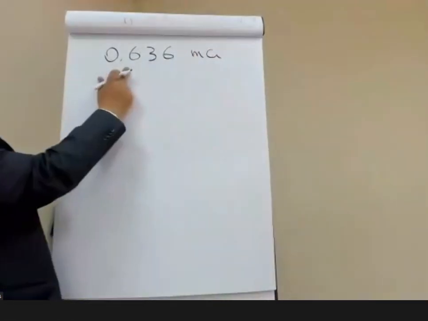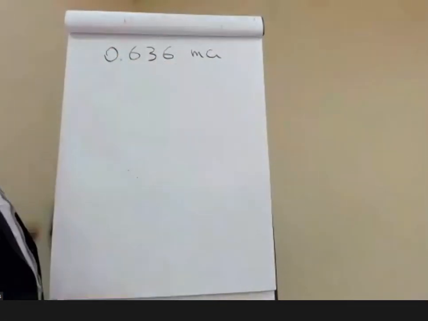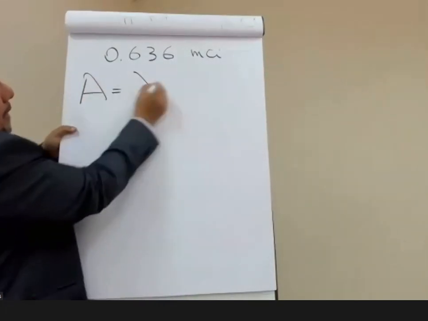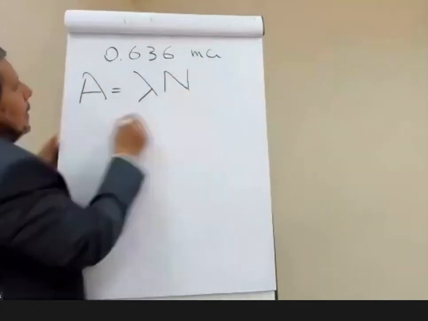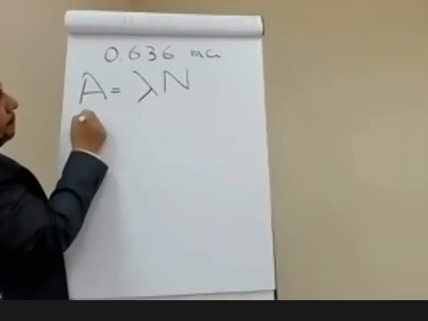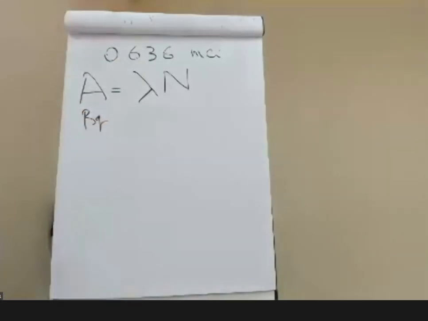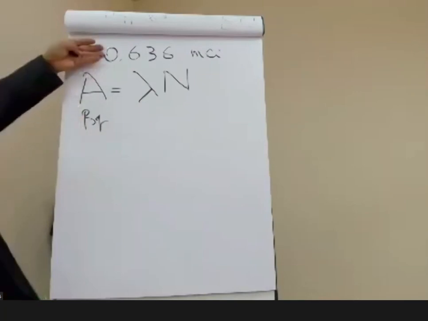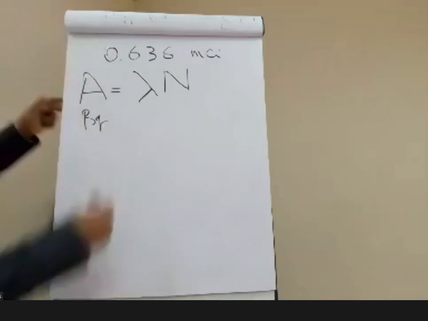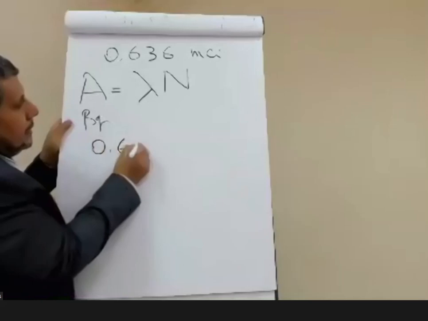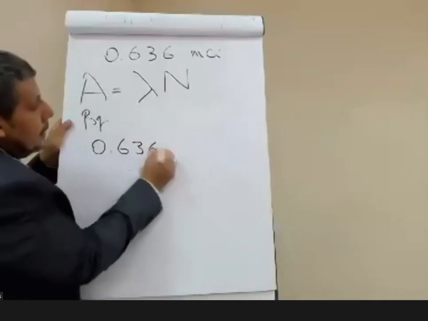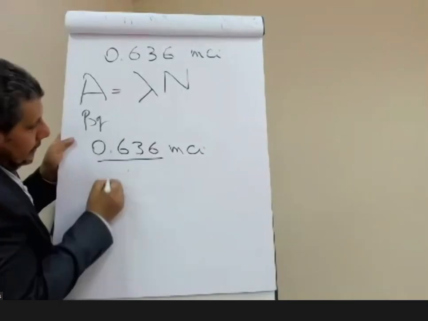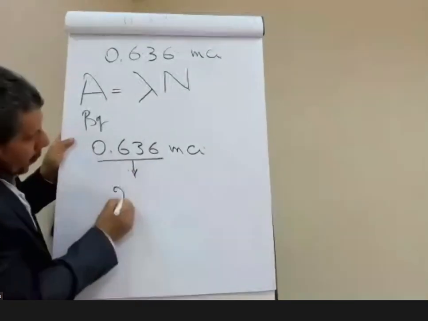Can I use this activity as it is? No. In this law, activity equals lambda N, and this must be in becquerel. But it is given in millicurie. Okay, no problem. Take this number as it is.